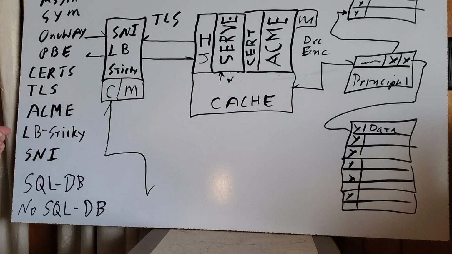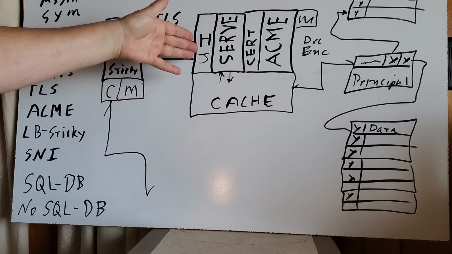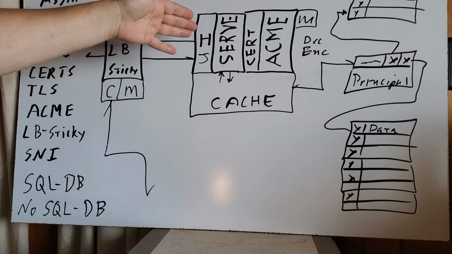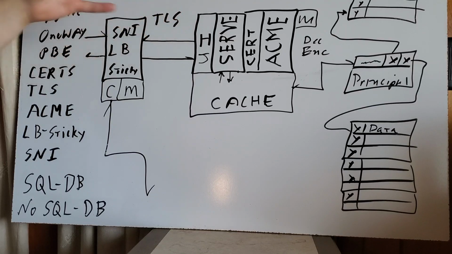Another thing is load balancing. Load balancing, of course, is you're going to have multiple versions of this operator on different servers, so you will need to distribute the access amongst those.